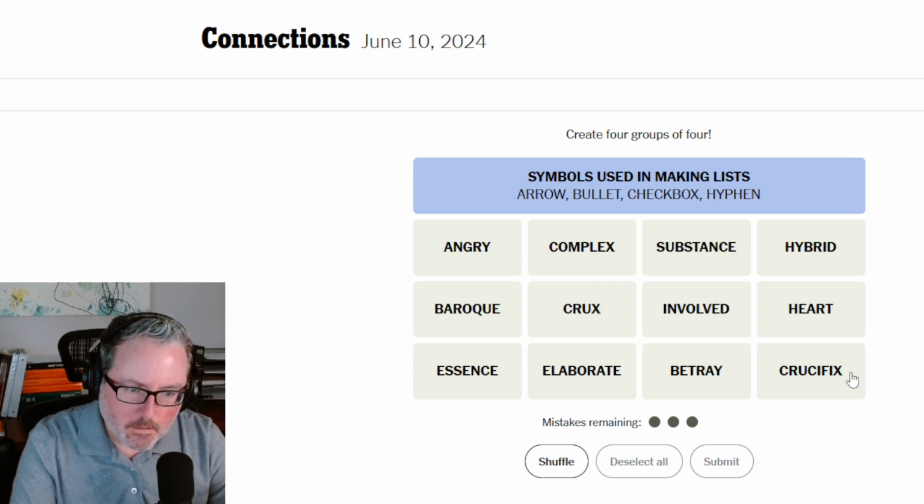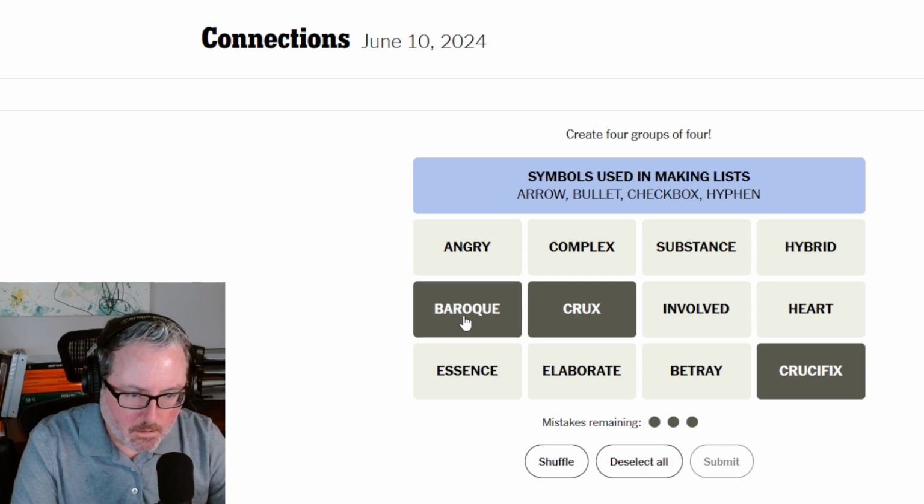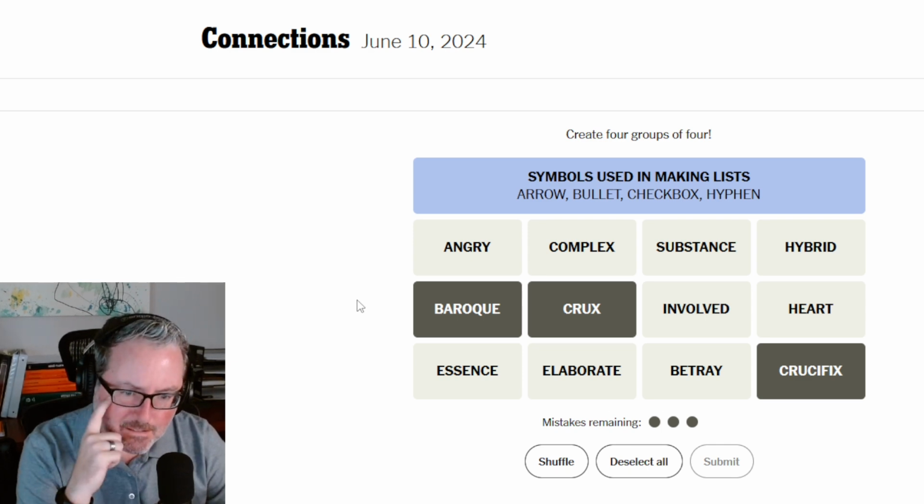Is there anything that's just completely off the wall? Like crucifix, crux, baroque? Maybe having some type of something to do with language and where the word comes from. I don't know. I don't see that.